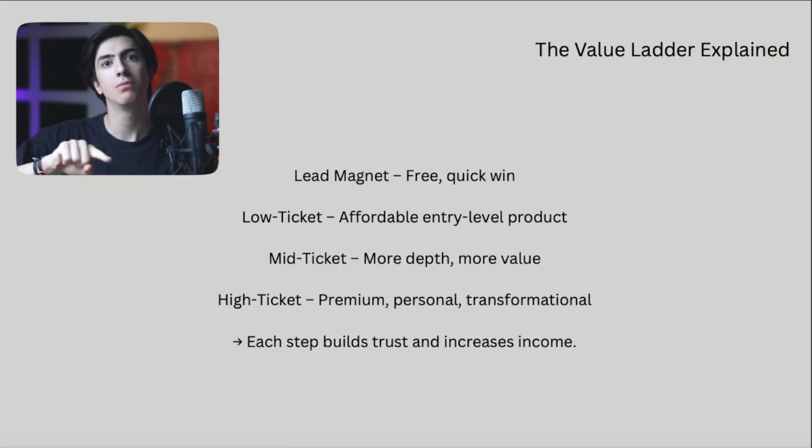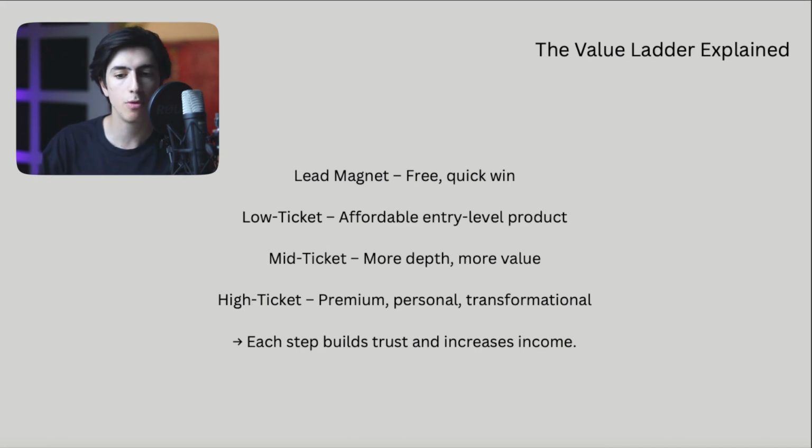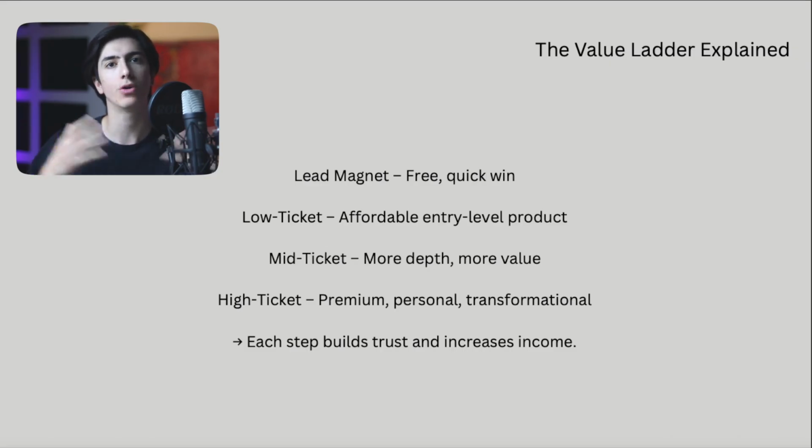Then the low ticket offer upsells people to your mid-ticket offer, which is a more in-depth and more valuable digital product that delivers more transformational information. And your mid-ticket offer finally upsells people to your high-ticket offer, which is the most premium, the most personal, and the most transformational type of offer that you might have here. Each step builds trust and increases the income while also increasing the lifetime value of each and every single one of your customers.